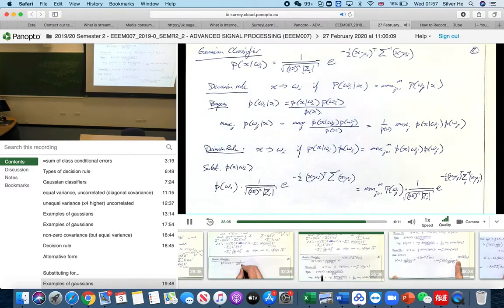Okay, and because 2 pi to the n is a constant inside the square root on both sides, we can cancel that.